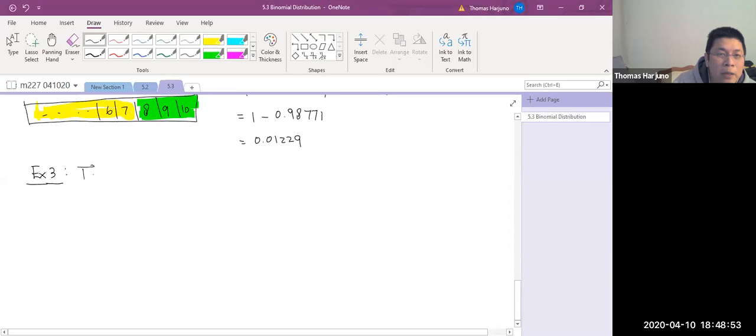The probability that someone is asymptomatic of COVID-19.